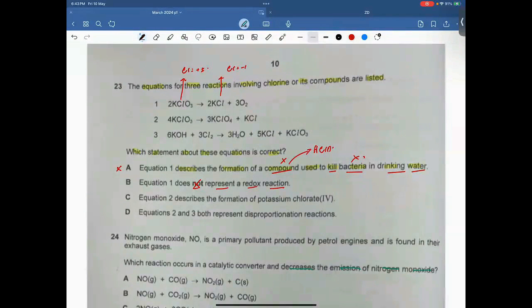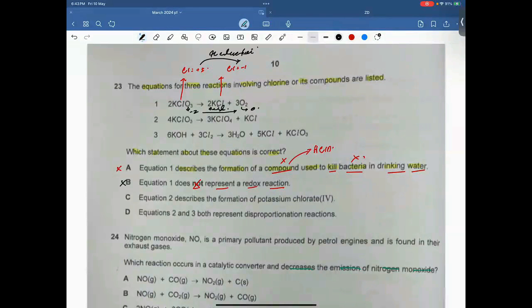So the oxidation state changes from +5 to -1, that is reduction. And over here, the oxidation state of oxygen is -2, and over here it is 0. So -2 to 0 is basically oxidation. So it's a redox reaction. So E is incorrect. Okay.